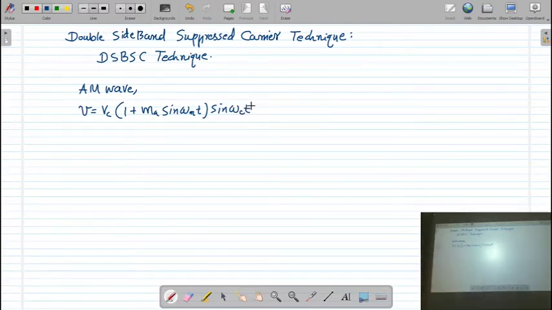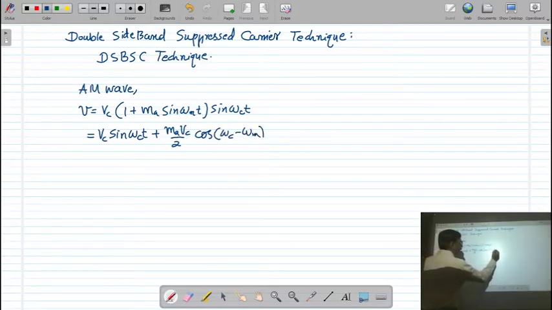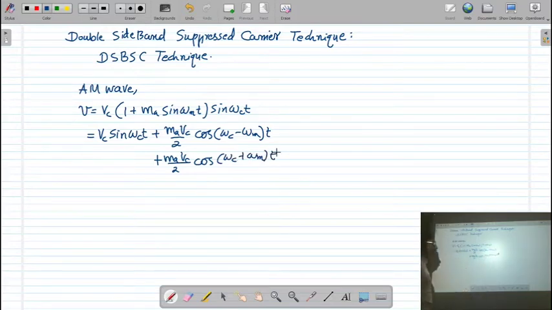Then if we expand this expression in terms of the sideband frequencies, it is written as Vc sin omega c t plus MaVc by 2 into cos (omega c minus omega m) t plus MaVc by 2 into cos (omega c plus omega m) t.